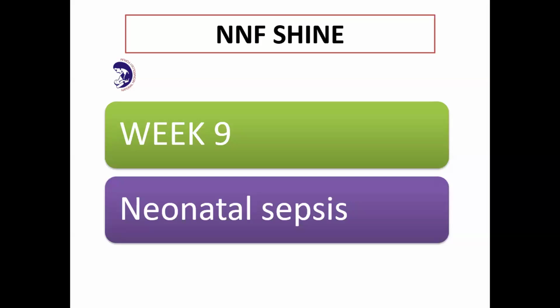And I think only three simple interventions can prevent neonatal sepsis. One is promotion of breastfeeding, compliance to hand hygiene is very important, and again, unnecessary interventions should be avoided. So these three most important things can prevent neonatal sepsis.